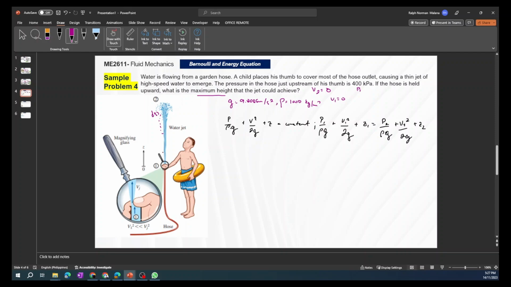Hence you start with velocity 1 at 0, it increases in the middle, and then decreases somewhere at the maximum height, the same way as in your statics and dynamics mechanics class before. And we can also assume that for P2, since it's going to be released into the air, it's going to be atmospheric.